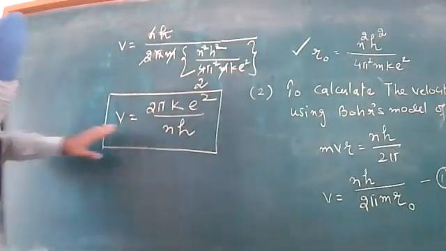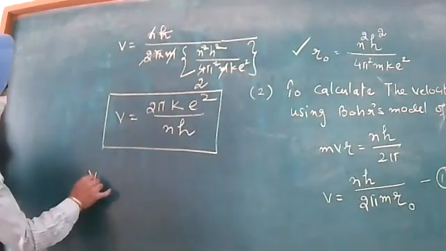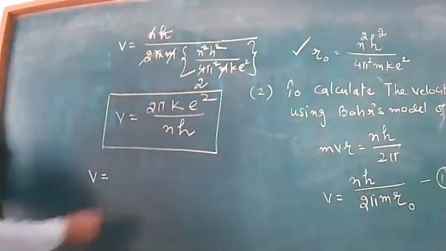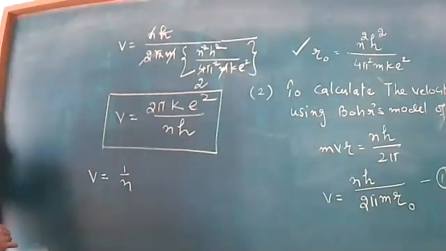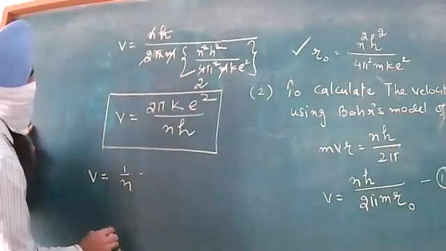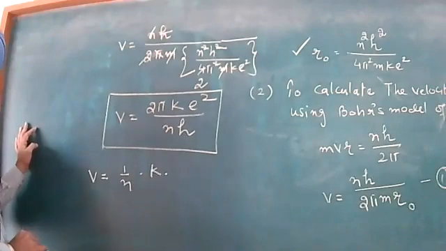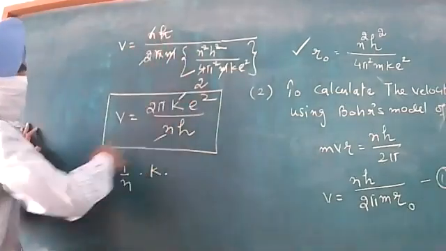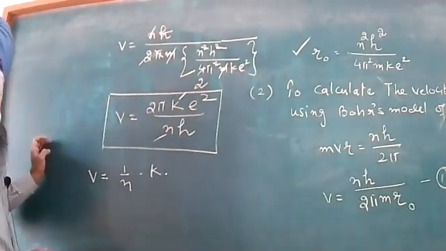So let me rewrite all the terms with it. See the pattern. I am rewriting this. n, I am managing it as 1 upon n. n is balanced or it is taken. Then dear all, this is k. I am writing it as such. k we have taken, n we have taken. Now we are left with 2 pi e square upon h.